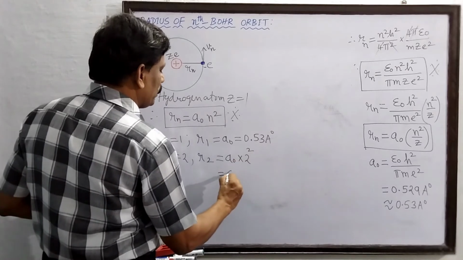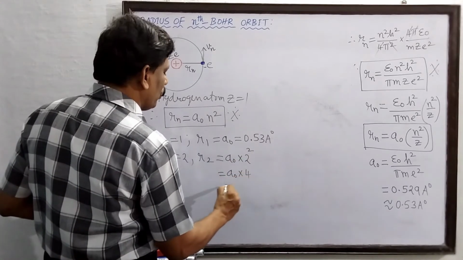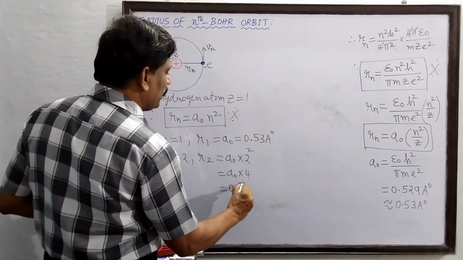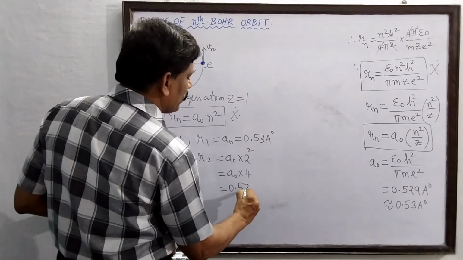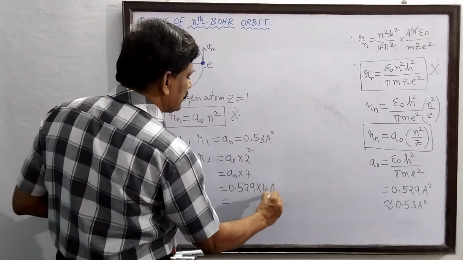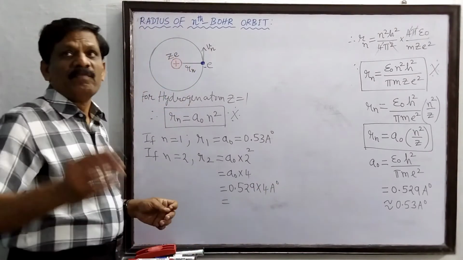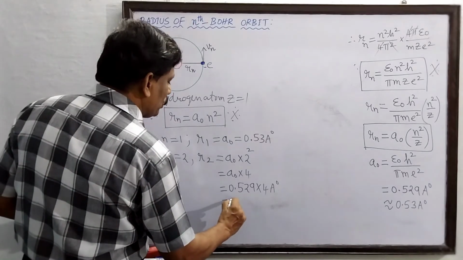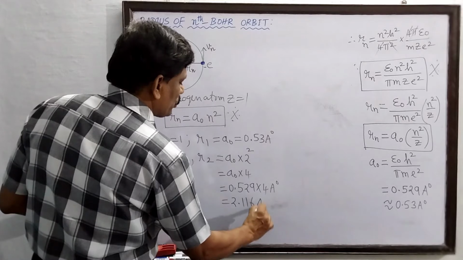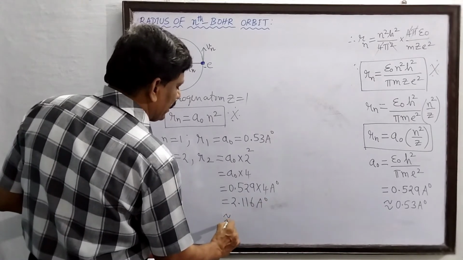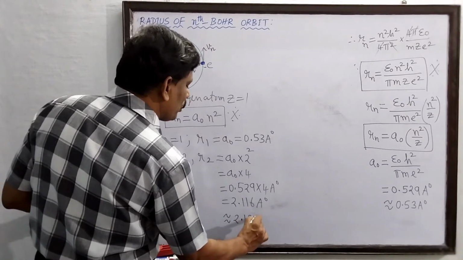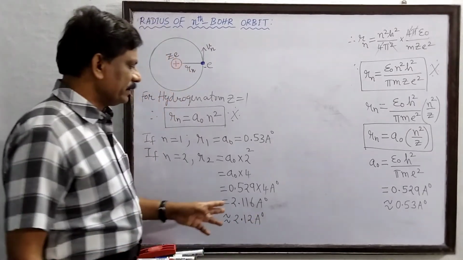So this is a naught into 4, which is 0.529 into 4 angstrom unit. If you multiply this, it will come as 2.116 angstrom unit, so nearly 2.12 angstrom unit.